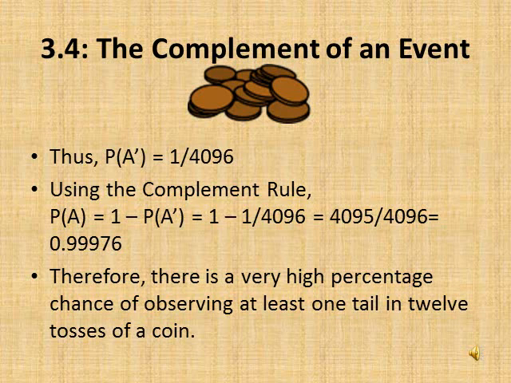Using the complement rule, P of A is equal to 1 minus P of A prime, which is equal to 1 minus 1 over 4,096, which is equal to 4,095 over 4,096, which is approximately 99,976 100,000ths. Therefore, there is a very high percentage chance of observing at least one tail in 12 tosses of a coin.